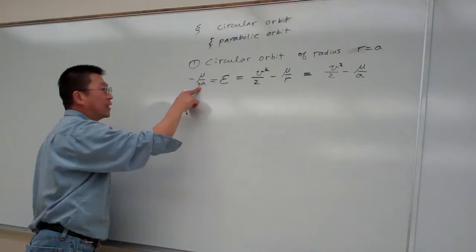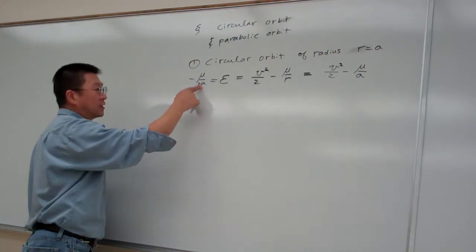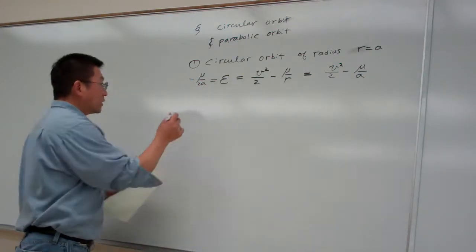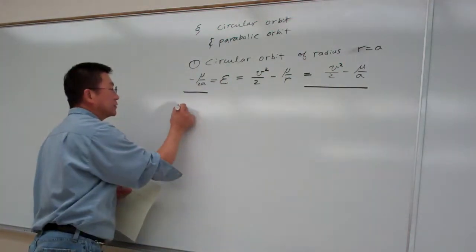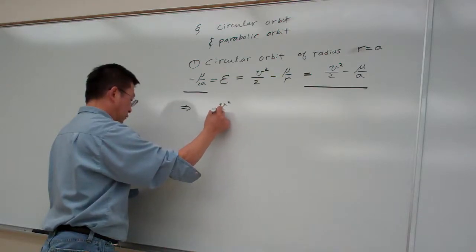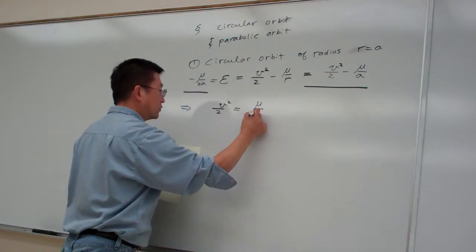What is a? A is the semi-major axis, so for circular, that is a. So we simply relate the two equations together, so then we have v squared over 2 equal to mu divided by 2a.